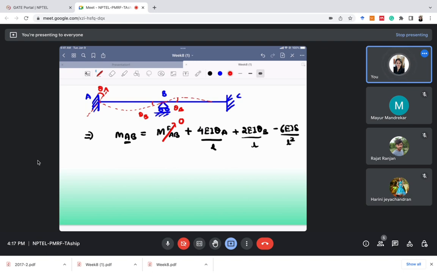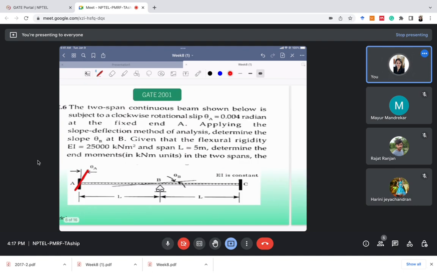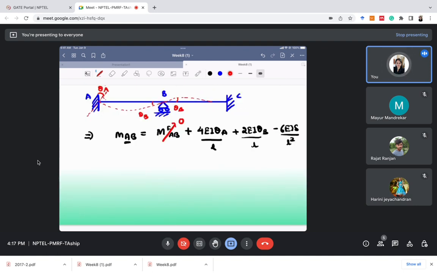Now theta A: A is a fixed support, so if there would have been no rotational slip, then theta A would be 0. But here it is given that there is a value of theta A due to the rotational slip. So theta A is there. Theta B will also be there, right? Because it's a hinge support, so rotation will be there.